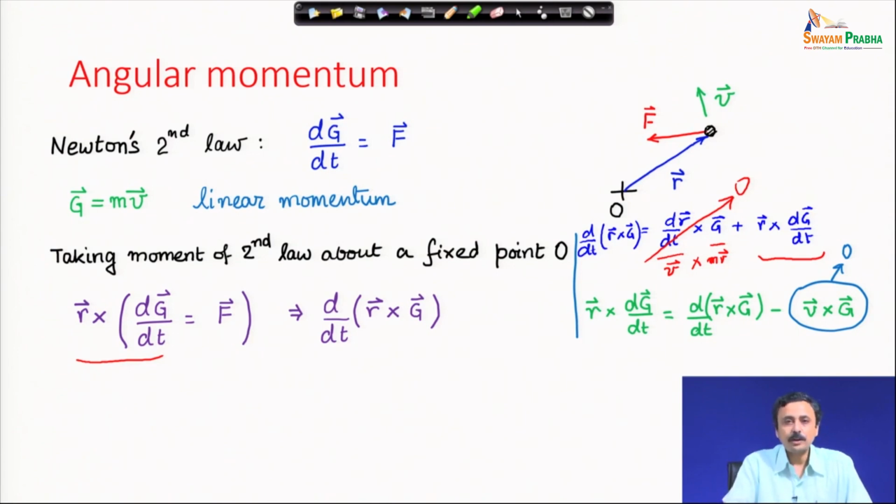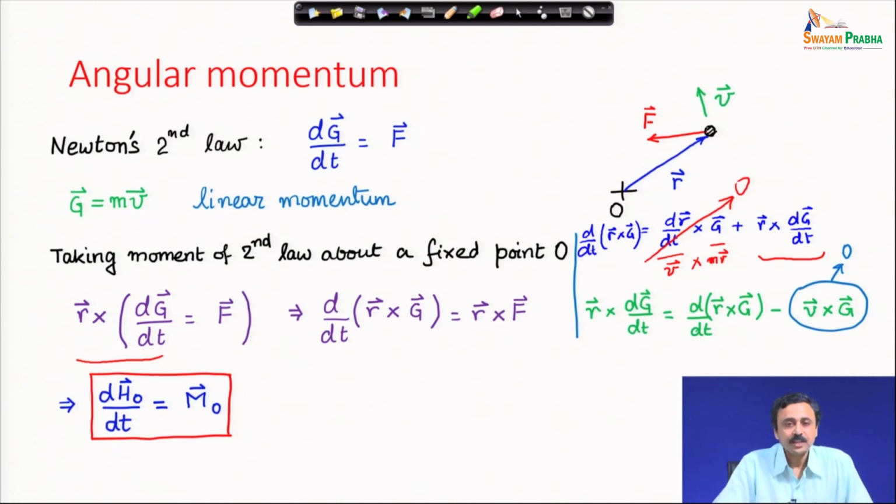This is one part of the story, the left hand side. The right hand side is plain r cross F, and you know what r cross F is? r cross F is the moment of the force. Therefore, we write d/dt of H_O is M_O.